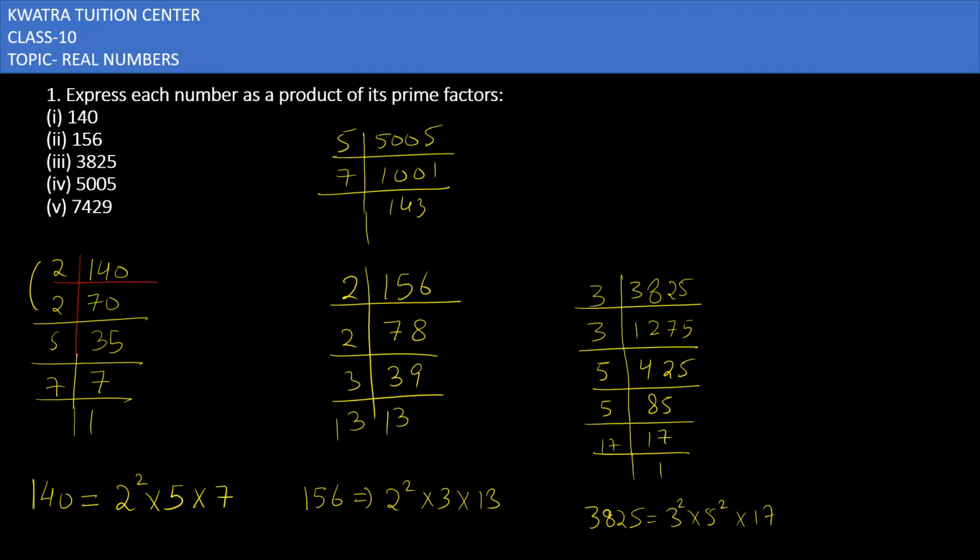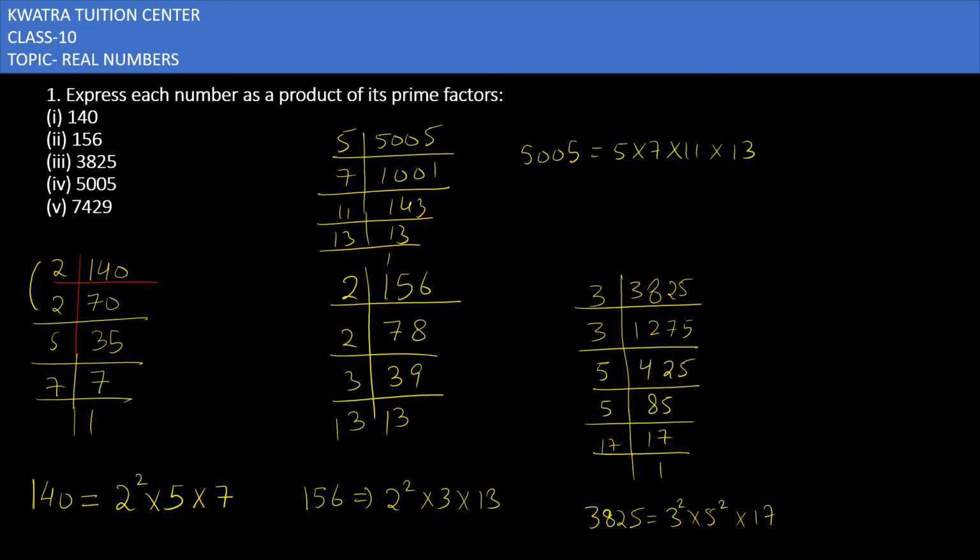Then 143 will be divisible with 11. It will give you 13 as the next number, and then in the last it will be 13 only. So 5005 can be written as 5 into 7 into 11 into 13.